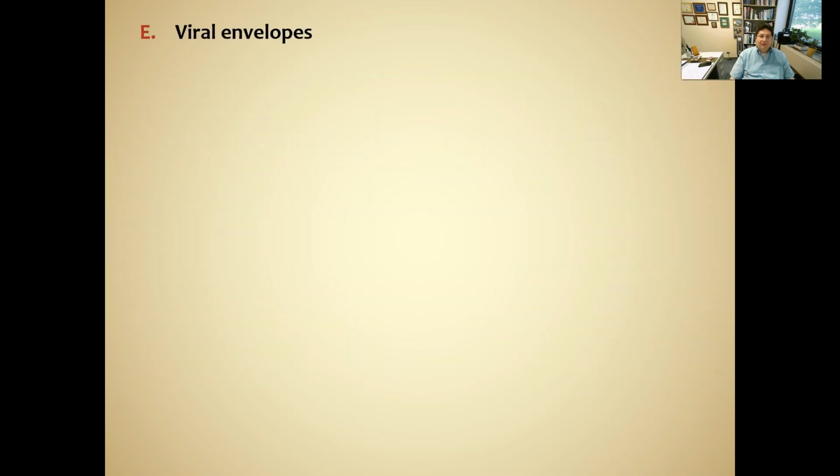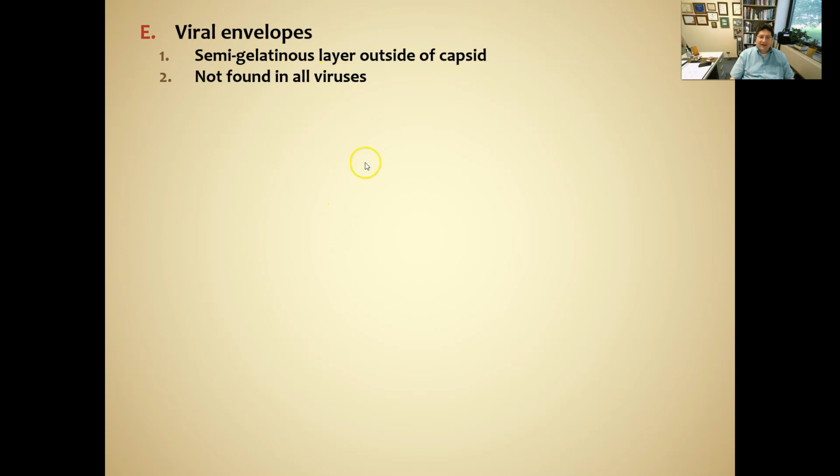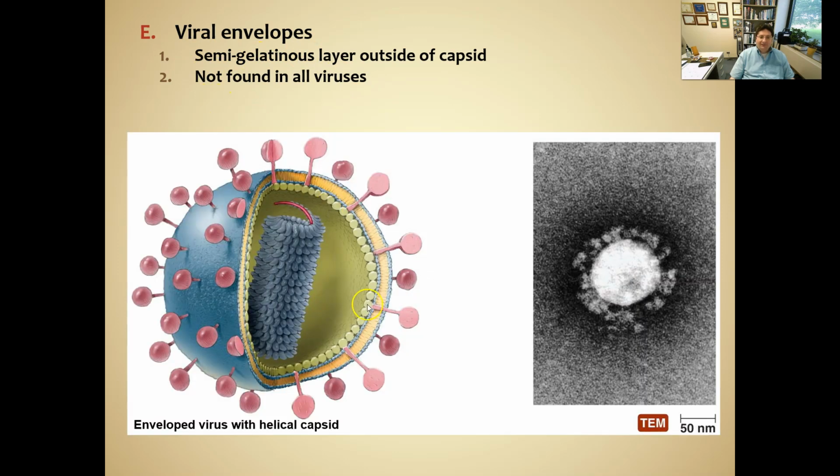Now, if a virus has an envelope, this is that semi-gelatinous layer on the outside of the capsid. Again, it's not found in all viruses. So this one has the envelope here on the outside. There's my capsid, and there's my DNA or RNA. All right. Now, viruses that have an envelope don't make the envelope themselves.